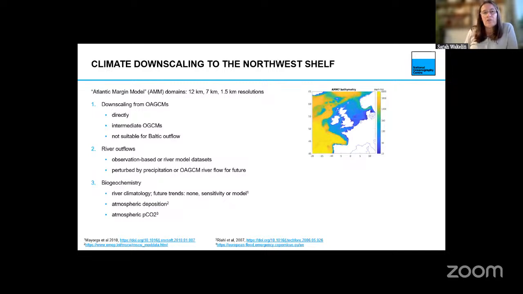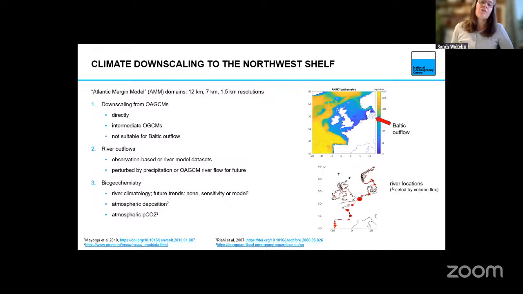In the past, we've generally downscaled directly from the general circulation models in the absence of anything better to use. Where there have been intermediate higher resolution general circulation models or ones with better processes, we've utilised those. But as a general rule, these are not suitable for informing your Baltic outflow, which, as you can see here, is a very narrow strait. You need fairly high resolution, and I'll talk a bit more about that in a moment.